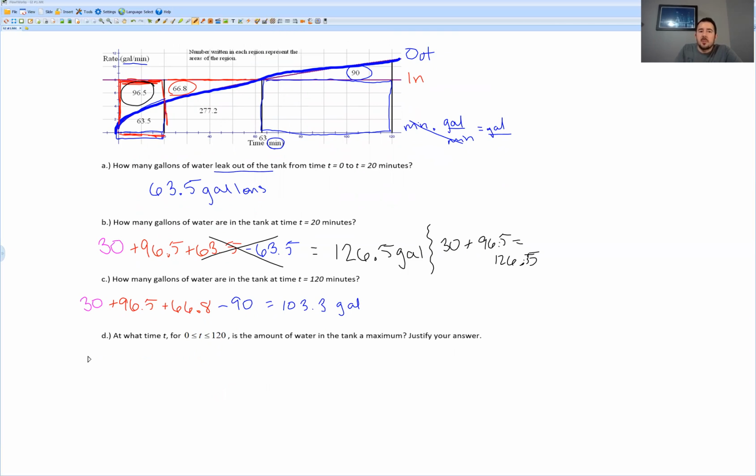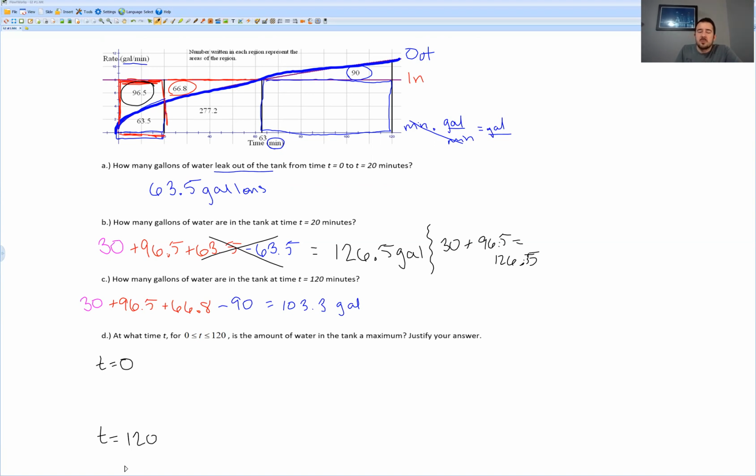Whoa, gosh, that is not black, that is rainbow. Wrong pen. So this could either happen right at the beginning. So right initially when I have that 30 gallons, if I've lost from that point on, that would be my maximum.